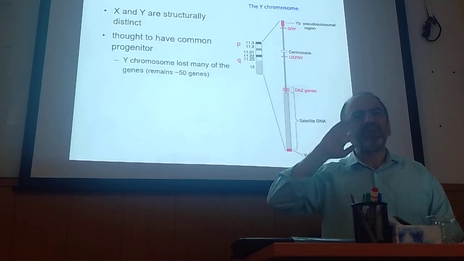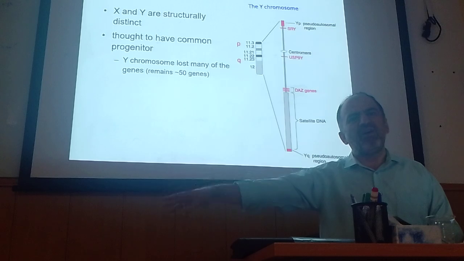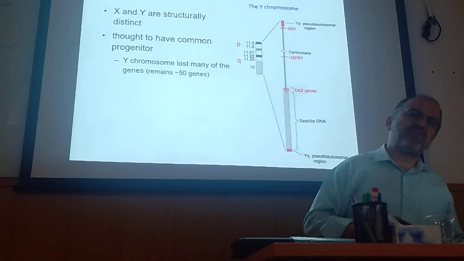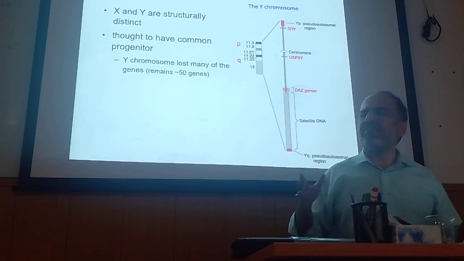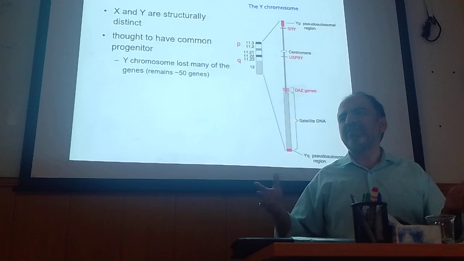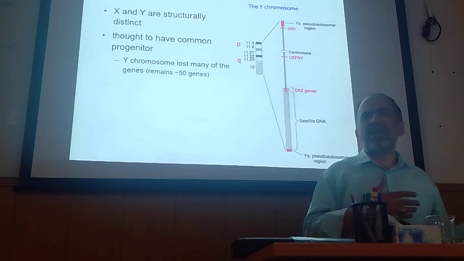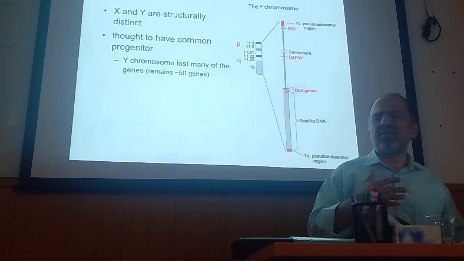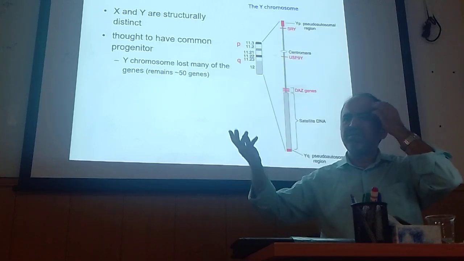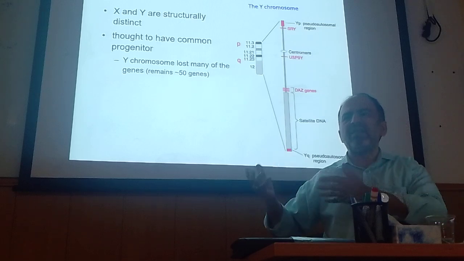Because one of the X chromosomes of the lady is inactive, and because the Y chromosome has only 50 genes, men and women are not very different from each other. Only in external genitalia: male has prostate and testes, lady has ovary and uterus. That's the difference between male and female.